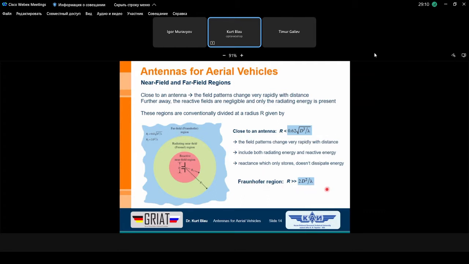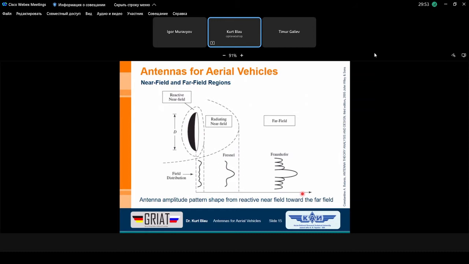The antenna must fulfill this condition: the distance from the antenna is much larger than 2 times the square of the outer dimension of the antenna, the maximum dimension you can find between 2 metallic points of the antenna, divided by the wavelength. This condition must be fulfilled, and then we have the so-called Fraunhofer region or far field. All that we discuss now is based on this far field condition. Otherwise, it is not valid.